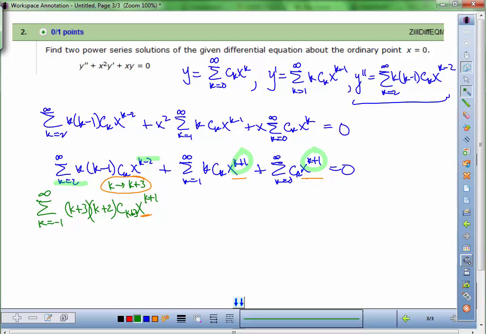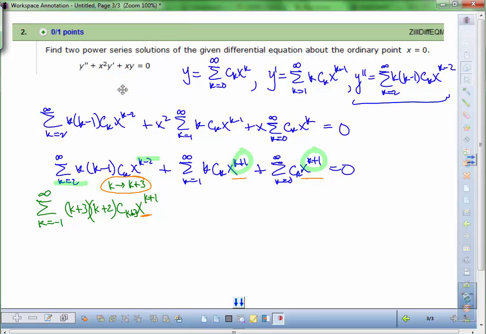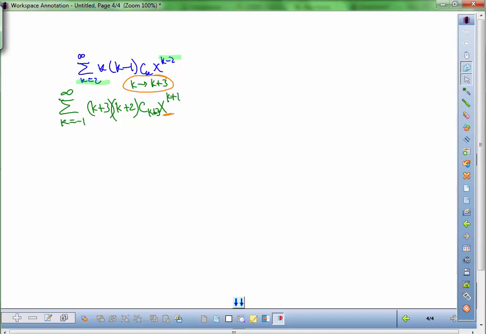Okay, here's the thing. I think more importantly, we need to get the powers of x to match. So these two series are exactly the same, and you can check by writing out the first few terms of each series.